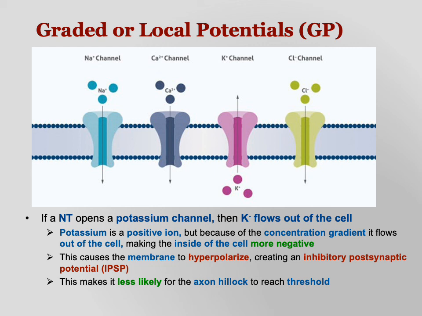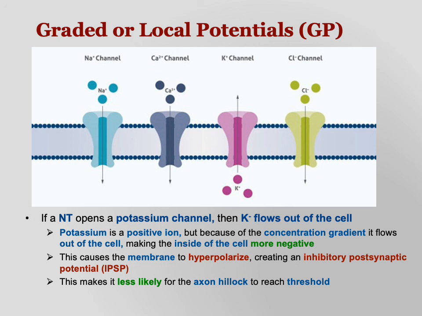So, just keep in mind, therefore, sodium channels cause EPSPs. They depolarize the membrane. Potassium and chloride channels hyperpolarize the membrane. They cause IPSPs. Calcium we're not going to look at, all right? We are going to be paying attention to sodiums, potassiums, and chlorides.